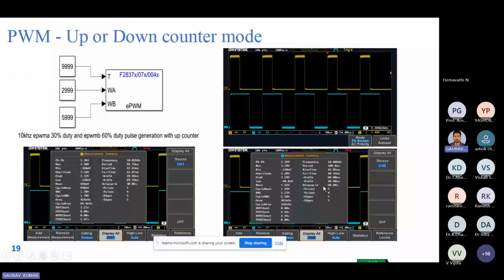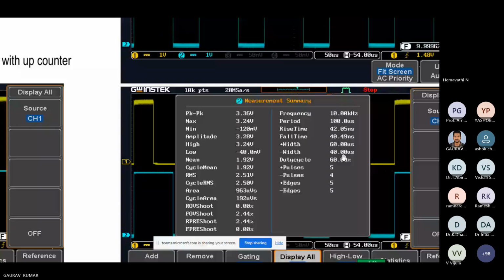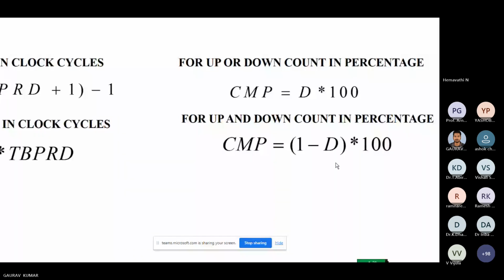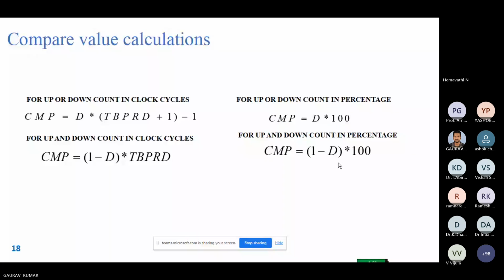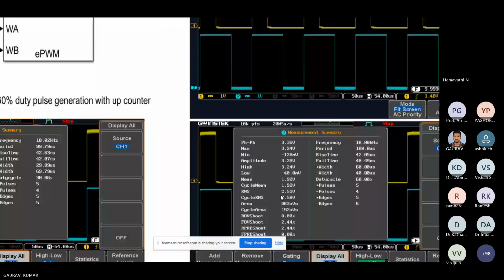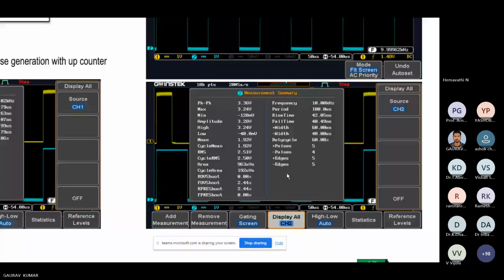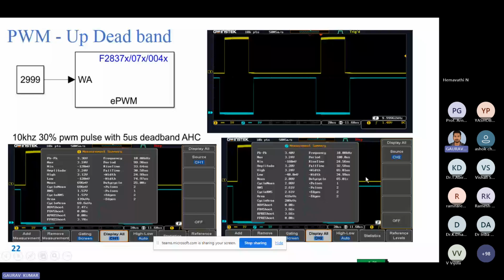You can see the duty cycle has changed to 65.